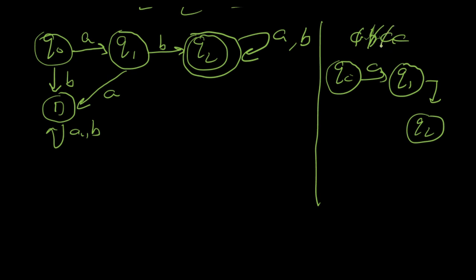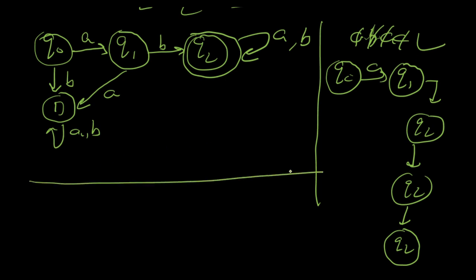At Q2 we get A, we remain on Q2. And in the last, again we get A at Q2, we again remain in the state Q2. Since Q2 is the final state, this string will be accepted.